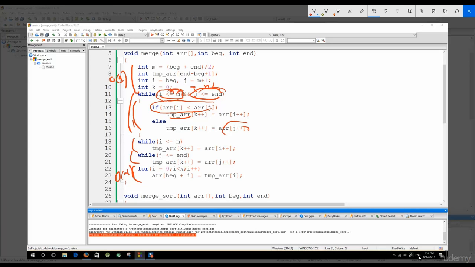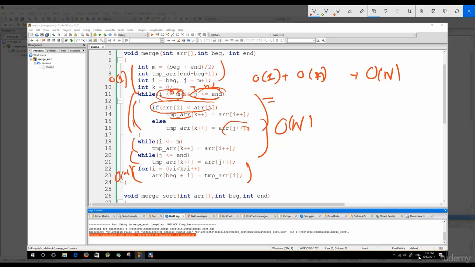So we have here order 1, so this is order 1 plus this one is order n. This whole one is order n. And then we have another order n, so that's plus order n, okay? So whenever we have two complexities that are both linear, then we can take the maximum one, or you can look at it differently.